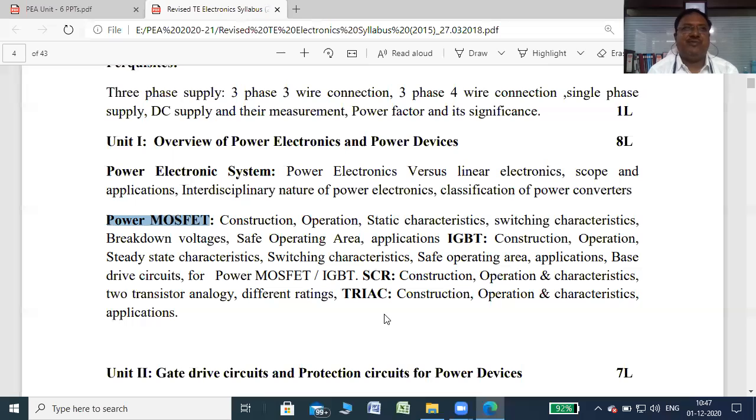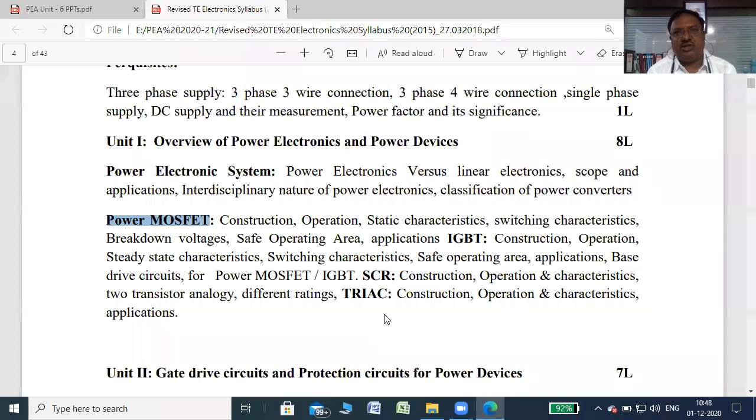The advantages of MOSFET are high input impedance and no thermal runaway. So these are the two advantages of MOSFET, and two advantages of BJT: very low on-state voltage drop and high gain, which are achieved in the IGBT.